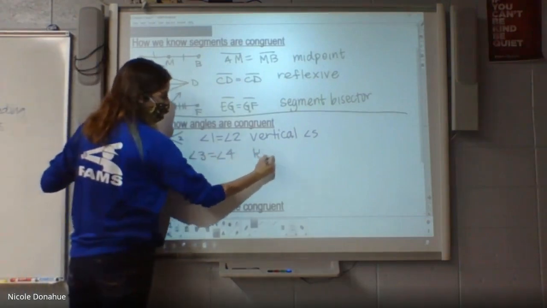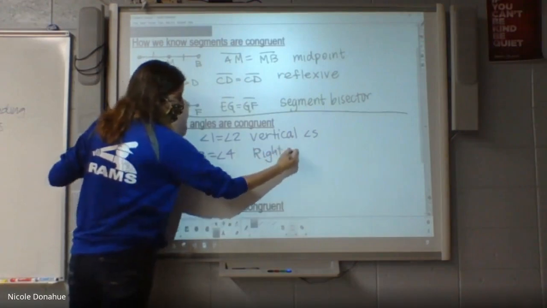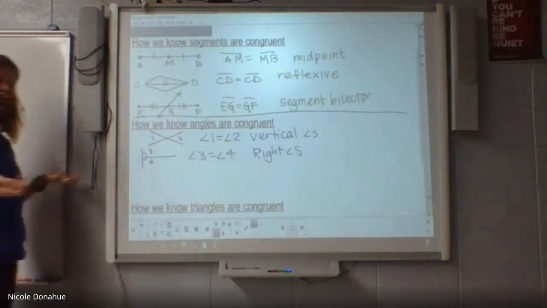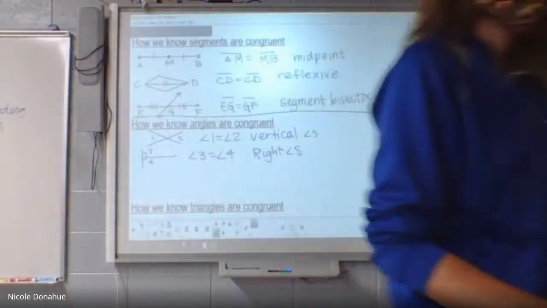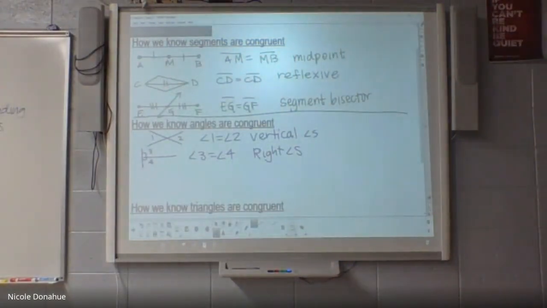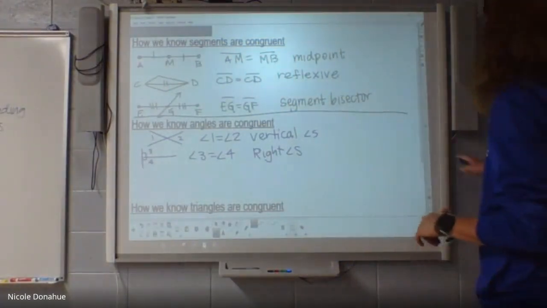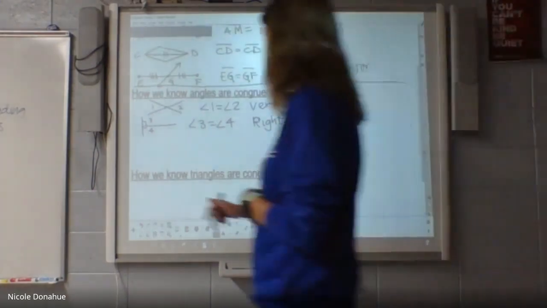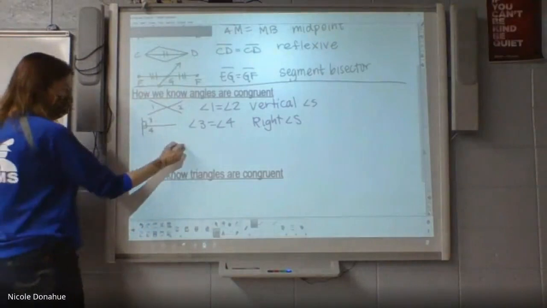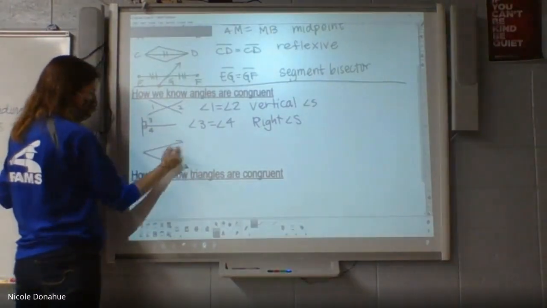You can just say it because they're right angles. And that's one of the ones that seems so obvious, like why would we have to mention that? But I want to point out that they're equal. And then finally is that angle bisector.